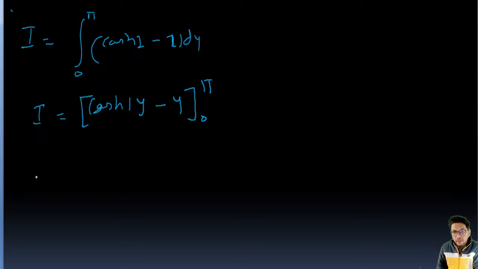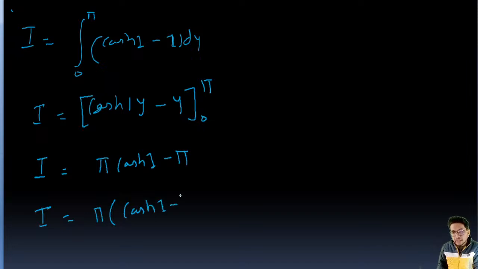Okay, so we'll put the value. So it is going to be pi cos hyperbolic 1 minus pi. So I is going to be equal to, we'll take pi as common, pi times cos hyperbolic 1 minus 1. So this is the answer. Okay, we have used Green theorem. Next question we are going to solve.